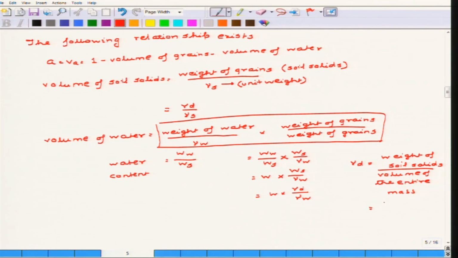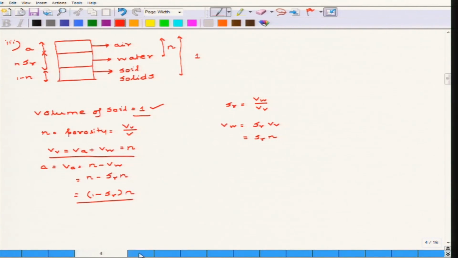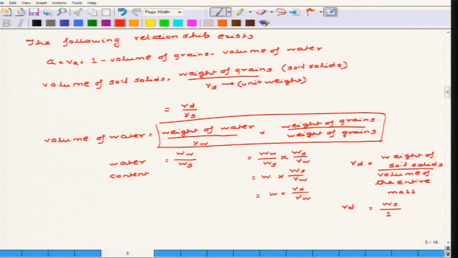So, weight of soil solids, if you consider it to be Ws, the volume of the entire mass we have considered it to be 1. So, Ws by 1 is equal to gamma d. So, Ws is equal to gamma d. So, that is why we have everywhere replaced the weight of the soil grains by gamma d.